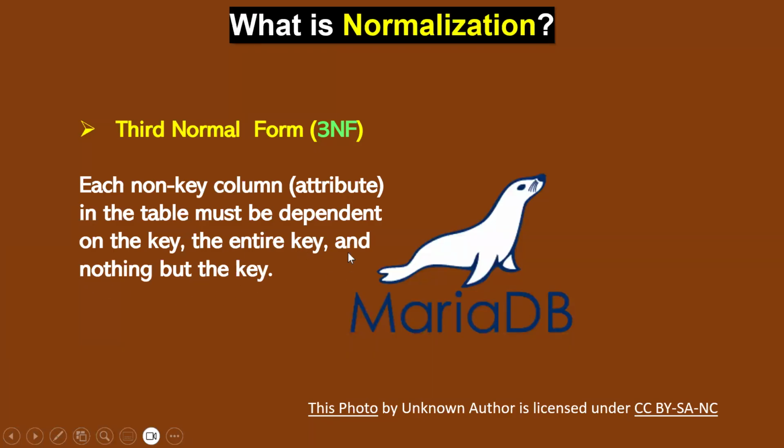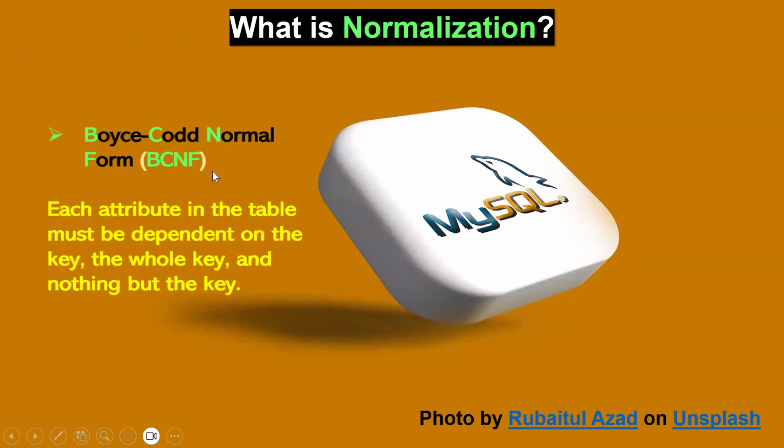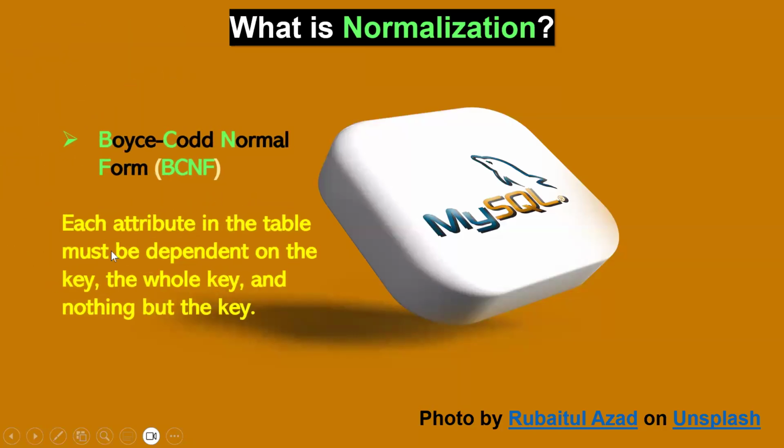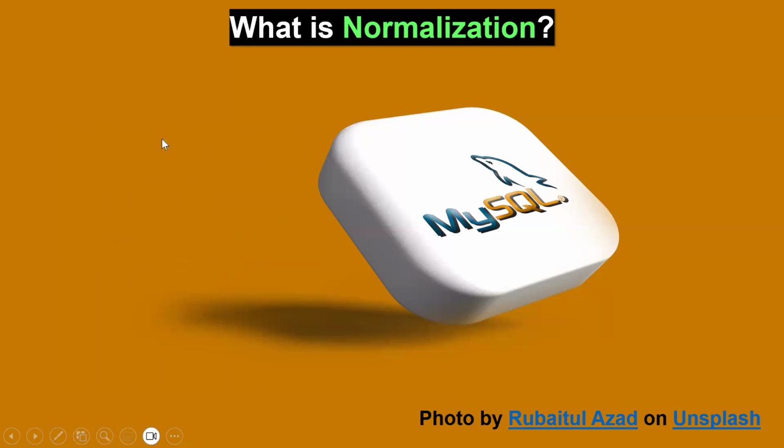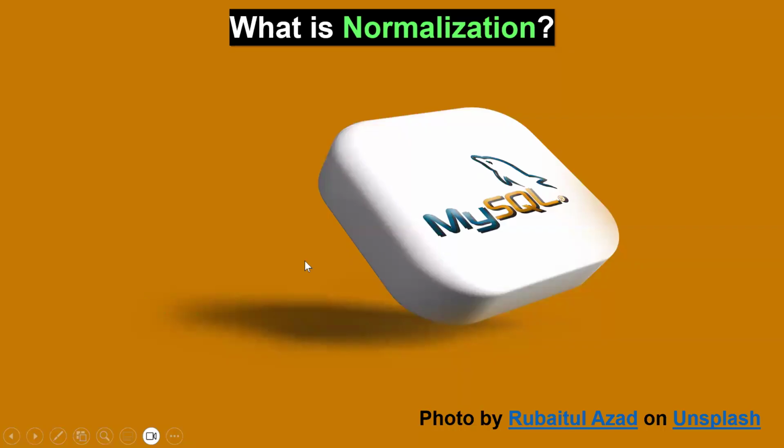So it should not depend on another non-key column, but only on the primary key. I believe this already explains third normal form.